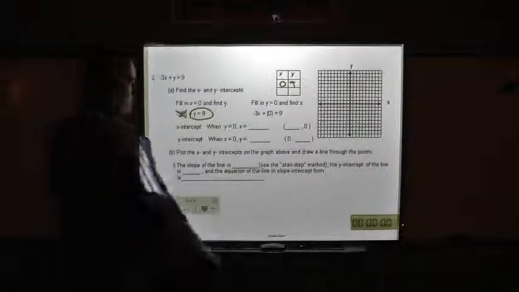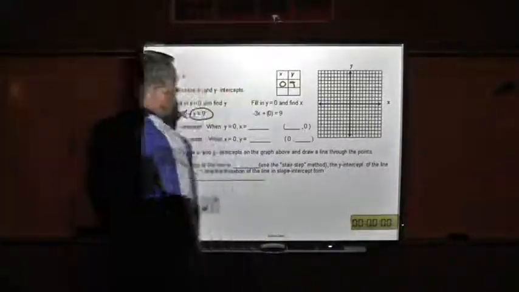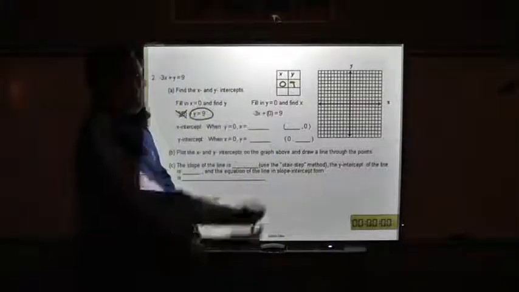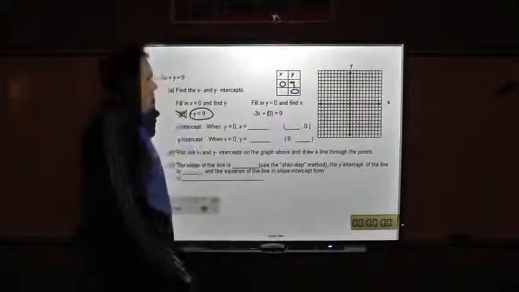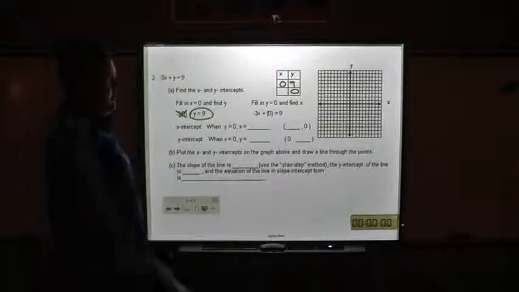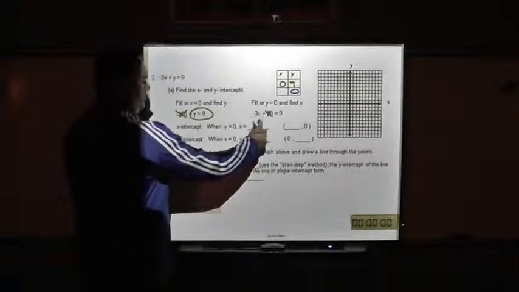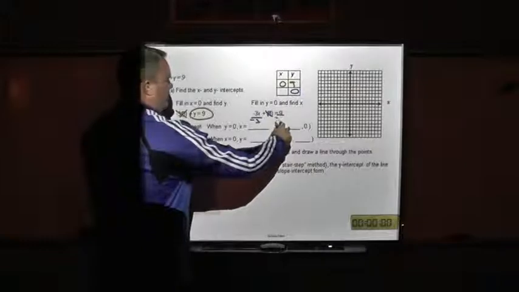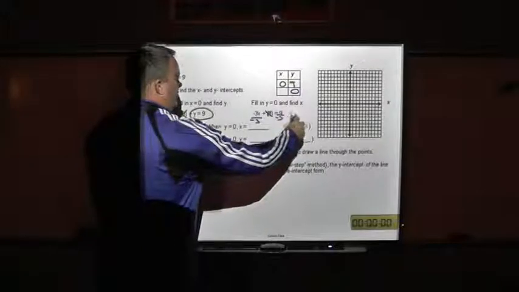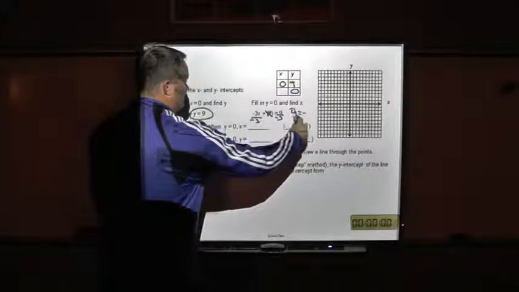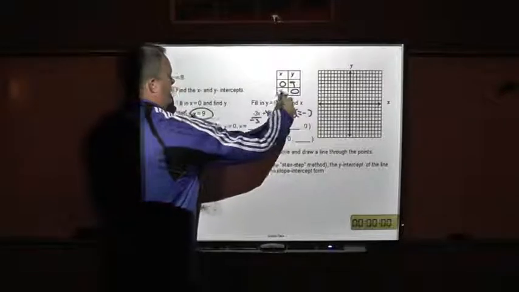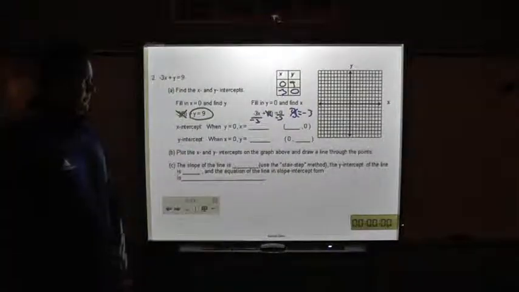Okay? When we look at the next one, when y is 0, finding the x. Okay, so we're finding the x-intercept. That's 0. We just divide both sides by negative 3. So x is equal to, I apologize, negative 3. Okay?